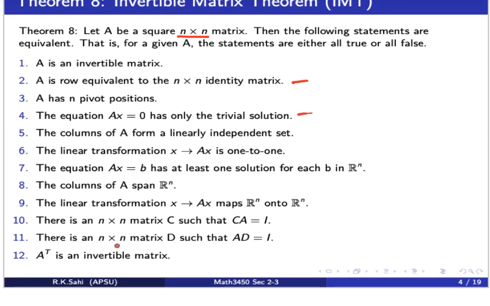If A transpose is not invertible, IMT is talking about the falseness over here. That means A is also not invertible. Okay, so very, very important that we are looking at these parts of it.